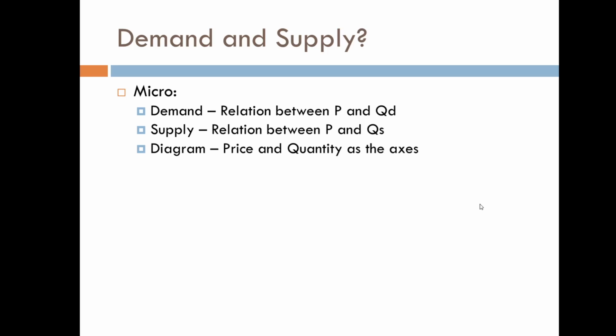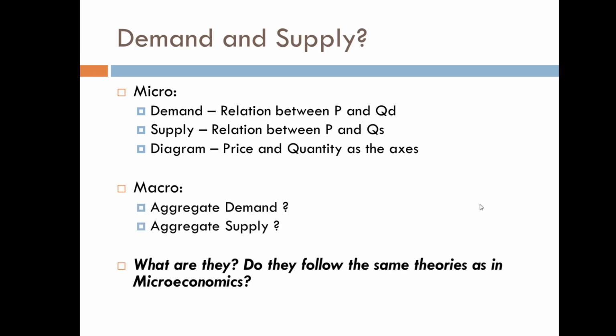But what about macro? What do you think? In terms of aggregate demand and aggregate supply, what will be the x and y axis? Do we still use price and quantity? X is GDP.